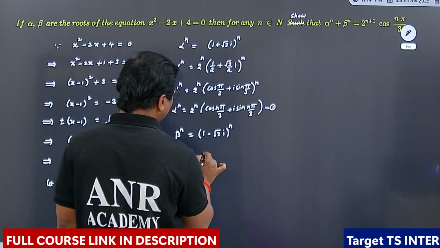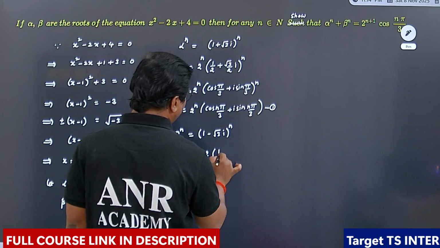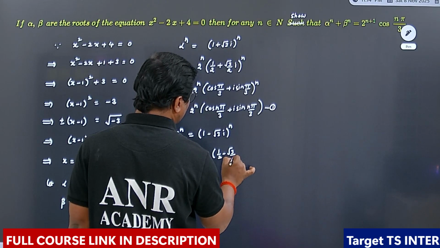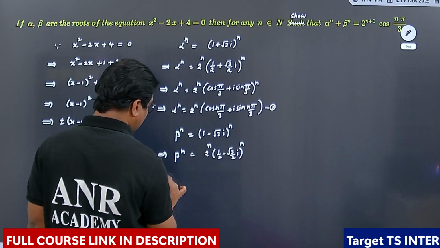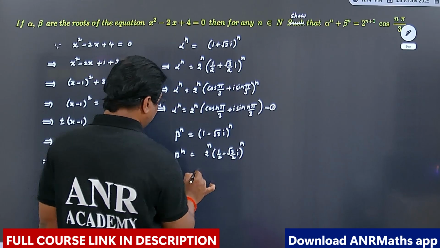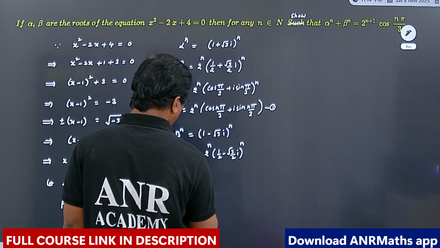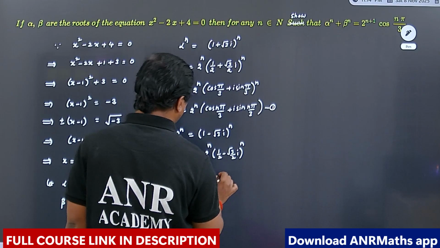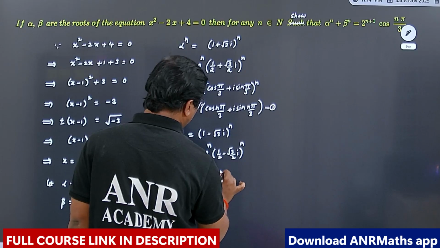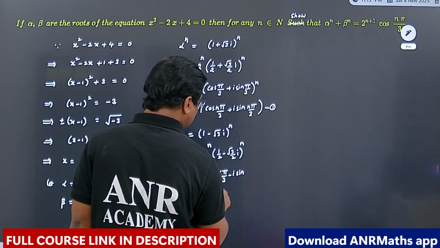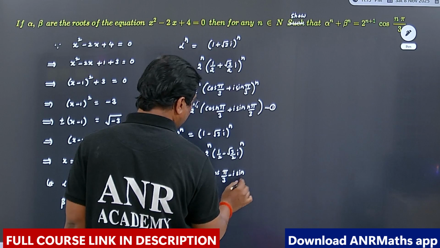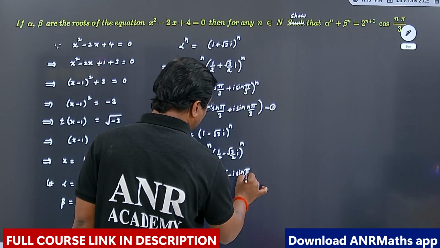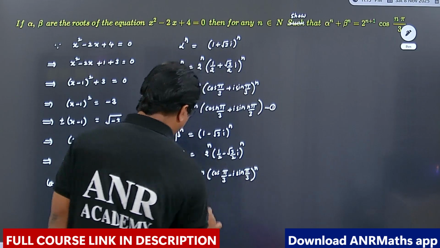Beta power n becomes, first multiply and divide with 2 and then apply power n on each. Therefore beta power n becomes 2 to the power of n outside, 1 by 2 cos pi by 3 minus i sin pi by 3 whole to the power of n.